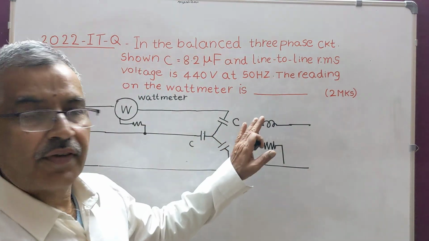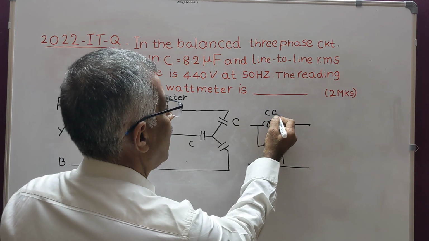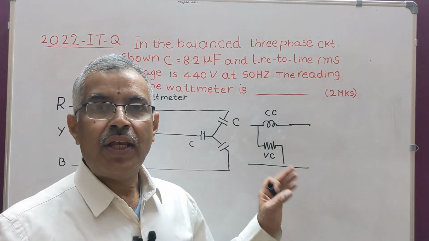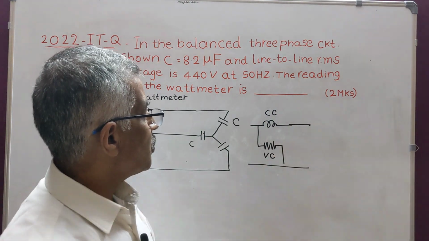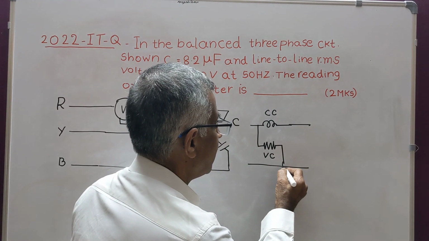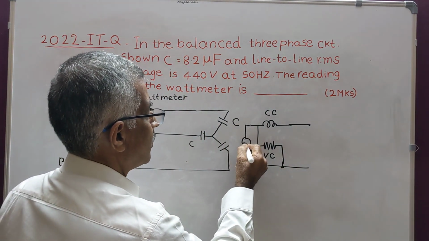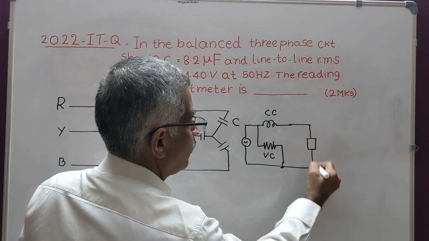This is what is called as equivalent circuit of wattmeter. This is called as current coil. This is called as voltage coil. A current coil has least resistance, whereas a voltage coil is a highly resistive coil. And on this side we connect source, and on this side we connect load.